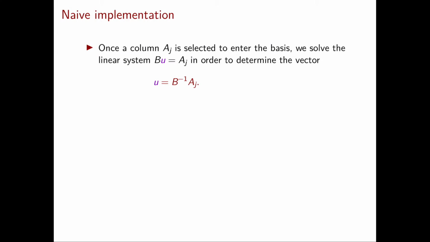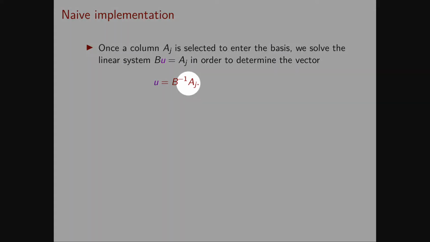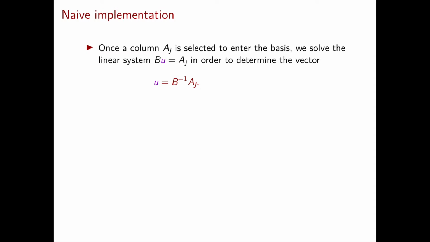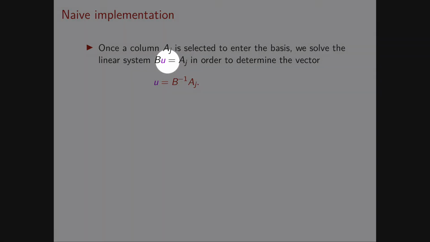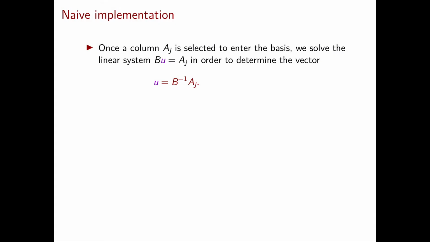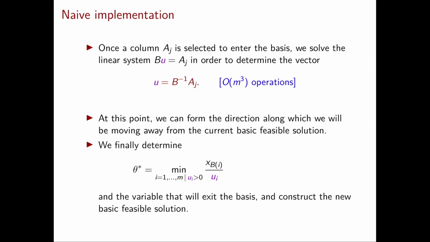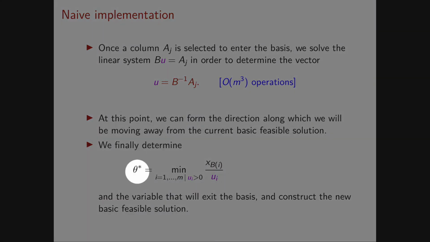So in order to compute u, we can multiply on the left this system by B inverse and obtain the linear system Bu equal to aj. This is a system with m variables and m constraints, and so we can obtain u in big O of m cube operations.